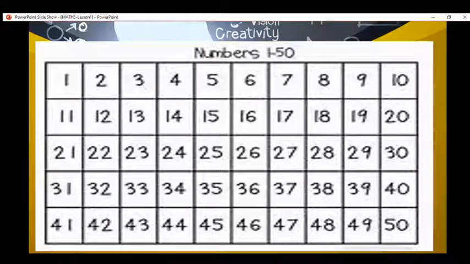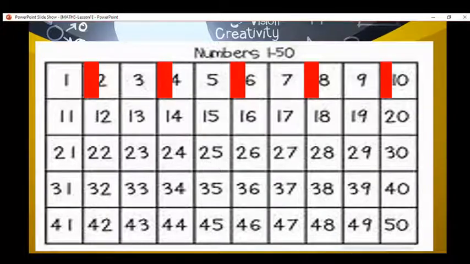Let's find first the numbers divisible by 2 in numbers 1 to 10. What are the numbers divisible by 2 in 1 to 10? Okay, very good. They are 2, 4, 6, 8, 10. Did you get the same answer? Very good.